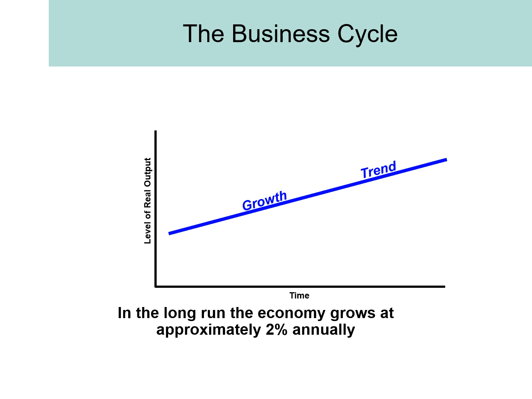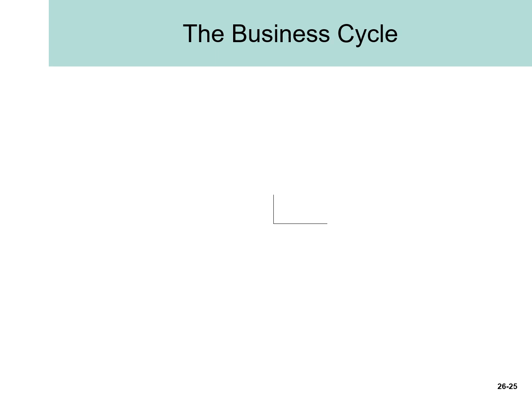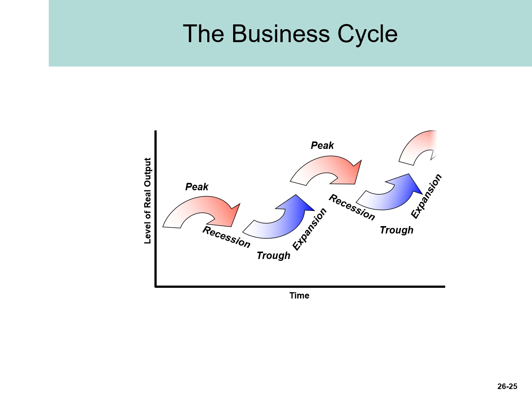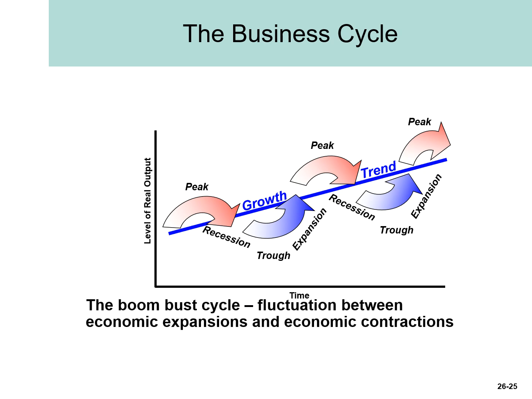Over the long haul, the United States economy averages an increase in annual output or real GDP of approximately 2%. But understand, against the backdrop of economic growth in the long run, the economy experiences alterations or fluctuations in aggregate output, the boom-bust cycle, the business cycle.